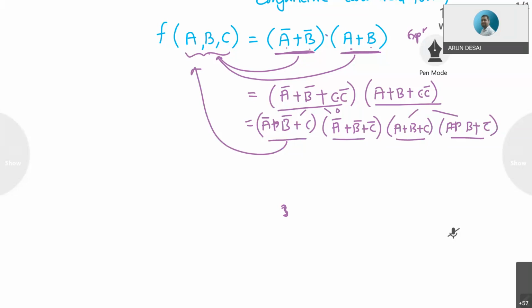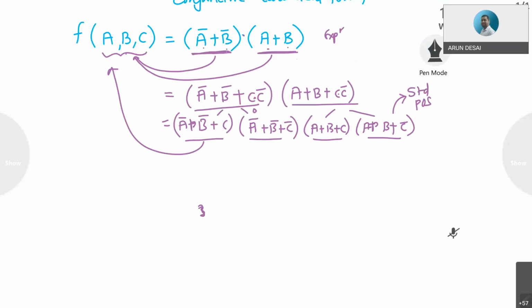That means this expression is in standard POS form or canonical POS form. So we have the standard POS form expression here on this page, right?